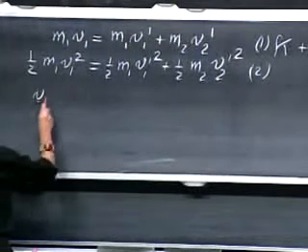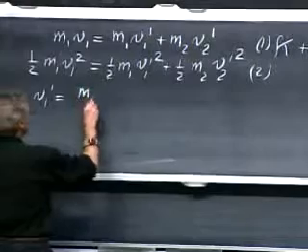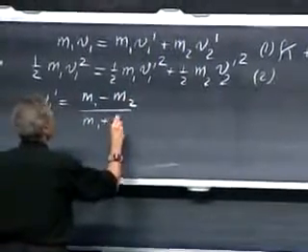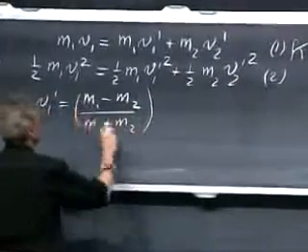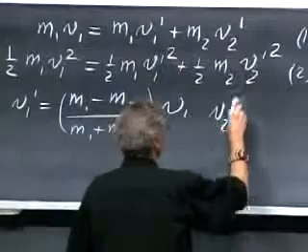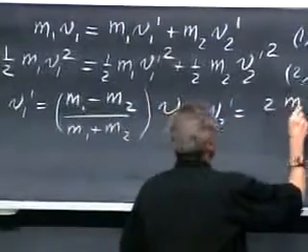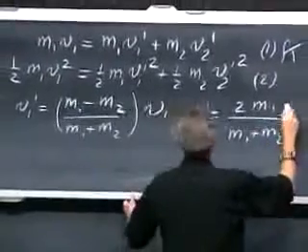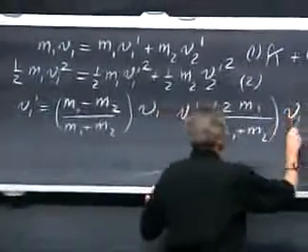V1 prime will be (M1 minus M2) divided by (M1 plus M2) times V1. And V2 prime will be 2M1 divided by (M1 plus M2) times V1.